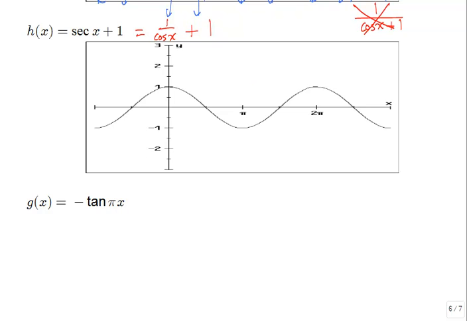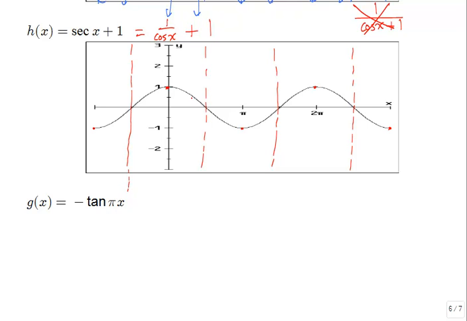to that. So if this is cosine, 1 over it means anywhere I have zeros, those become my asymptotes. And remember, for secant, I'm expecting to see those U's going up and down, up and down. 1 over 1 stays 1. 1 over minus 1 stays negative 1. 1 over 1 stays 1. 1 over minus 1 stays minus 1, and so on.